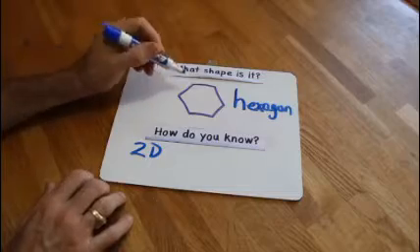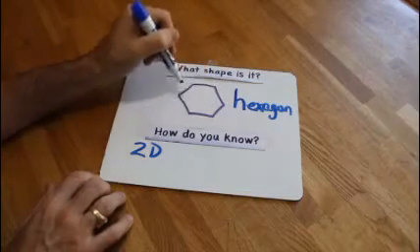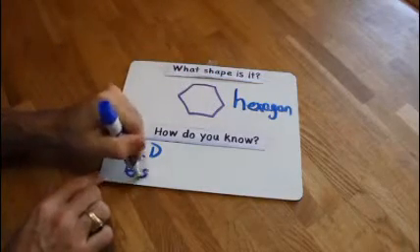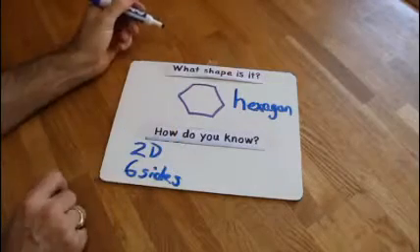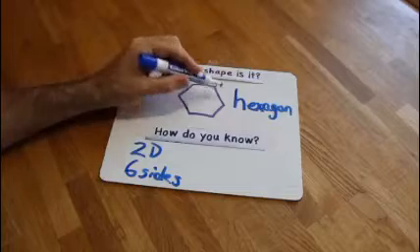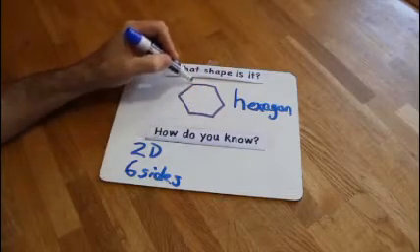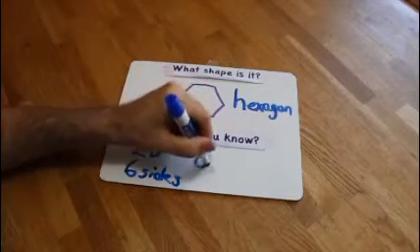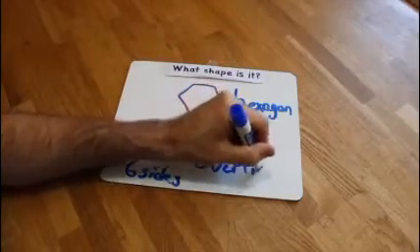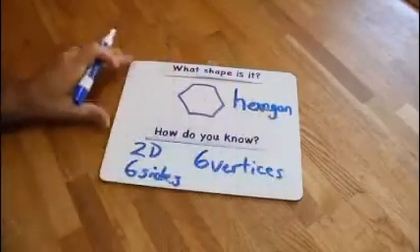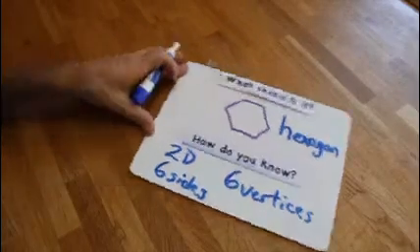We say that it has 1, 2, 3, 4, 5, 6 sides. And it has 1, 2, 3, 4, 5, 6 vertices. Remember, we want to use that vertices instead of corners. Means the same thing, but vertices is our math word. Good job, you guys.